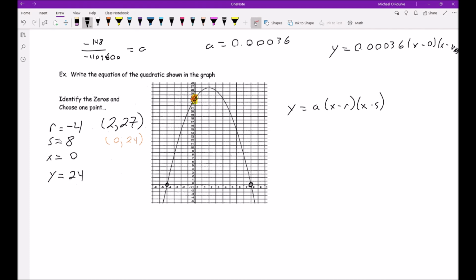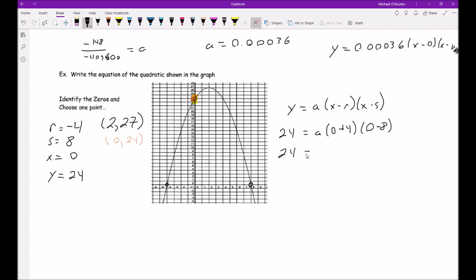And then, same thing over, we take this information over here. So we get 24 equals A, and this is where having a 0 makes it a little bit easier. So it's going to be 0. Now my R is -4, so when I bring it in, it's going to switch signs, so it's going to become a +4. And 0 minus 8.